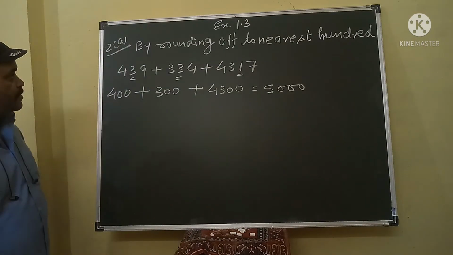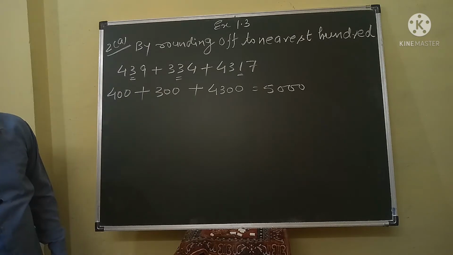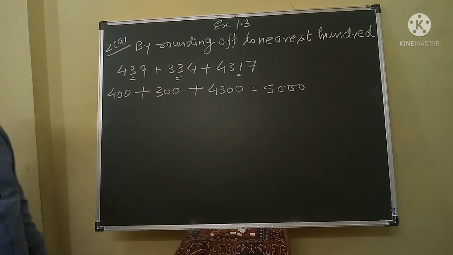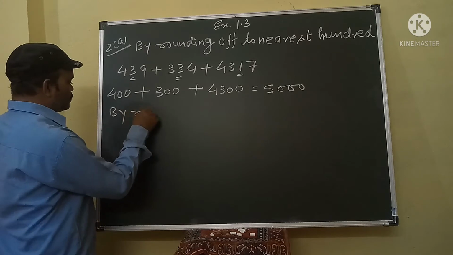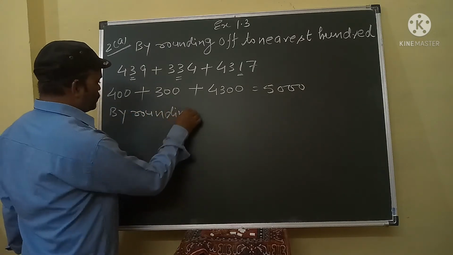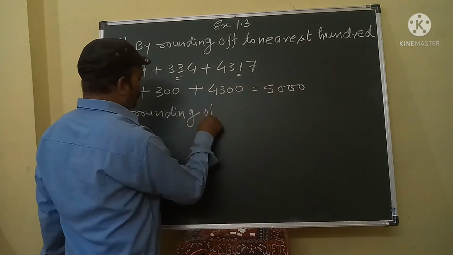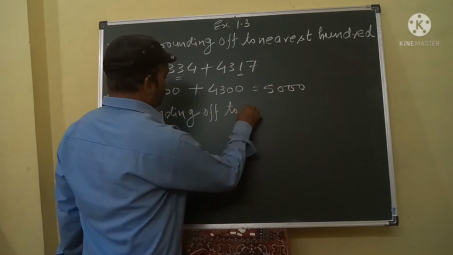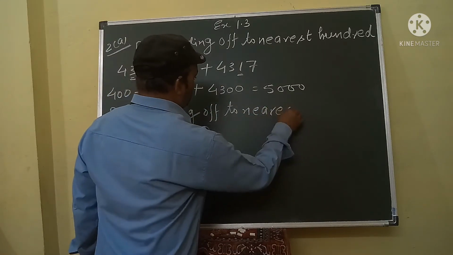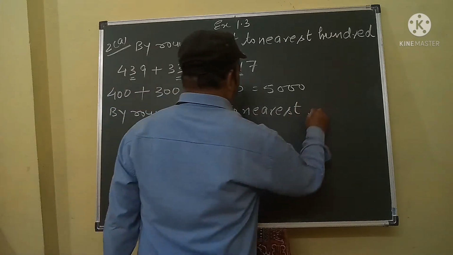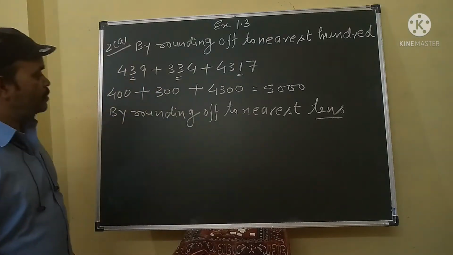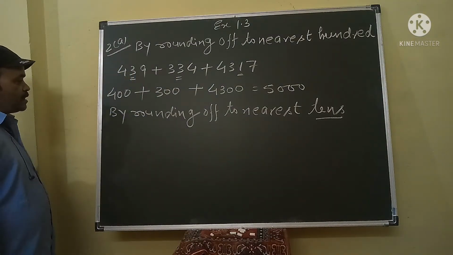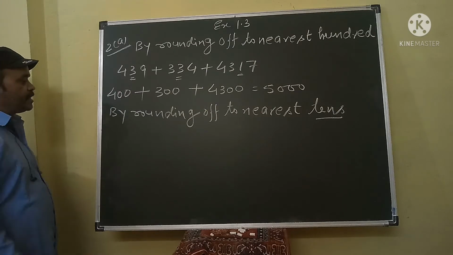Then we will find the next part, rounding off the numbers to the nearest 10. So we will apply the basic rule.